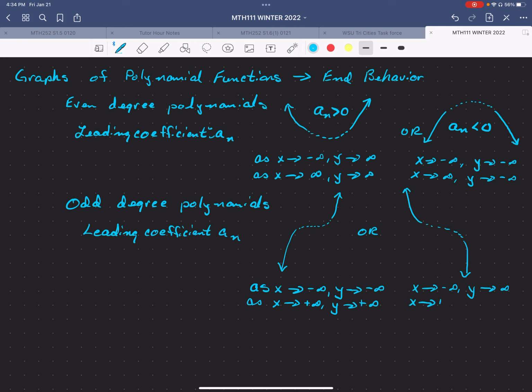And as x approaches positive infinity, y approaches negative infinity. Now, how do I know the difference? Well, if our leading coefficient is positive, we have the left-hand case. If our leading coefficient is negative, we have the right-hand case. Okay.